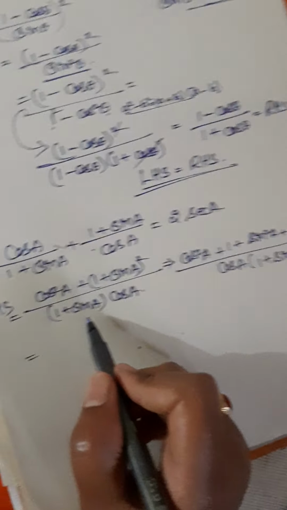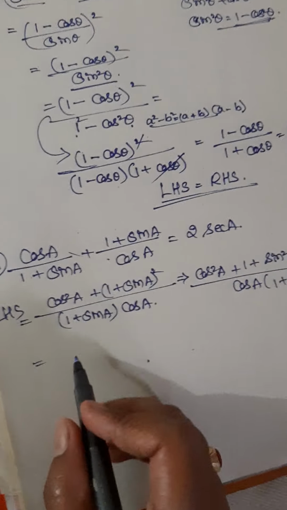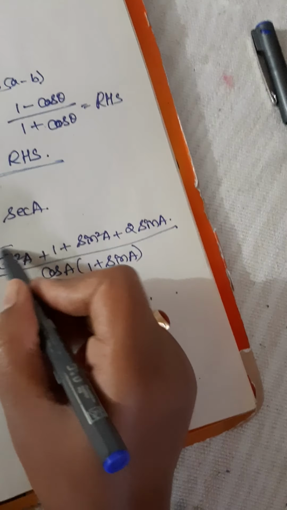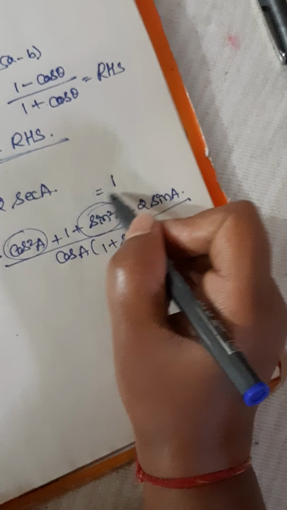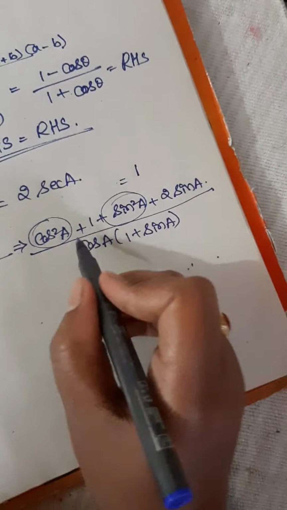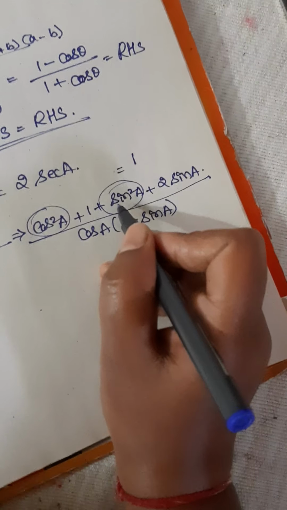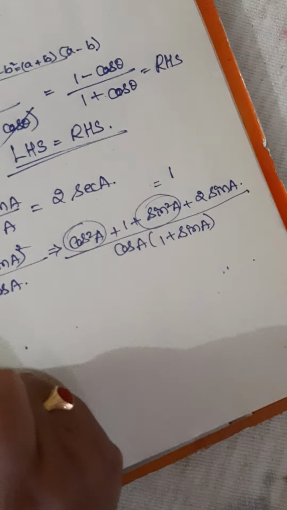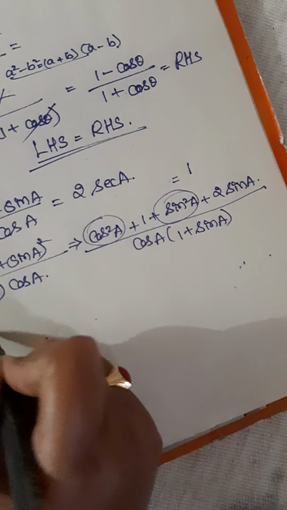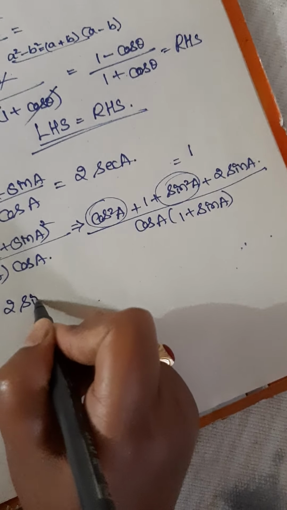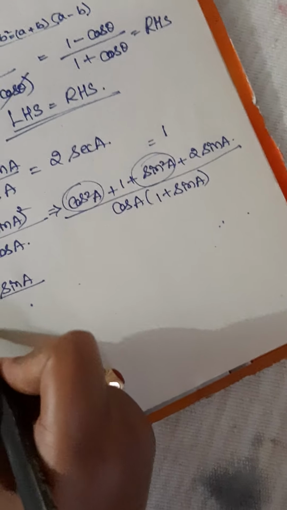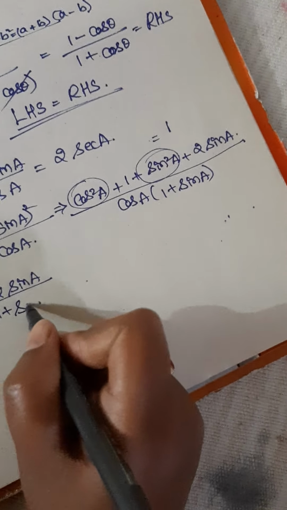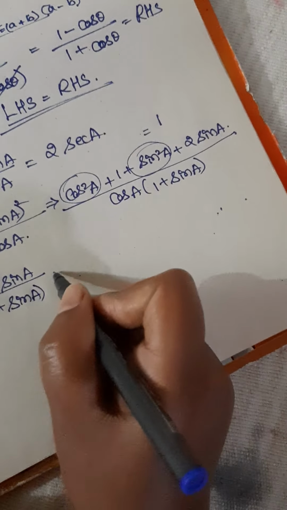So for this, again, further calculation: see this, cos square A plus sin square A, these both is equal to 1. This is our identity, we already know about it. So in the place of it, directly we can write 1. So 1 plus 1 plus 2 sin A divided by cos A (1 plus sin A) we got.